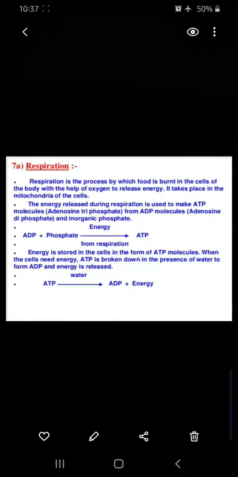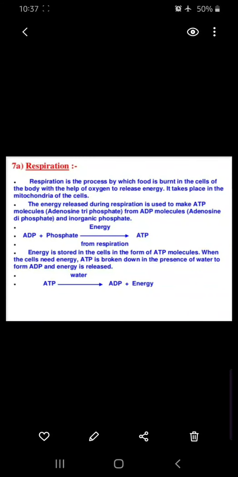Now, let us see how this process of respiration takes place and how energy is released from the absorbed food. Respiration is the process by which food is burnt in the cells of the body with the help of oxygen to release energy. It takes place in the mitochondria of these cells.